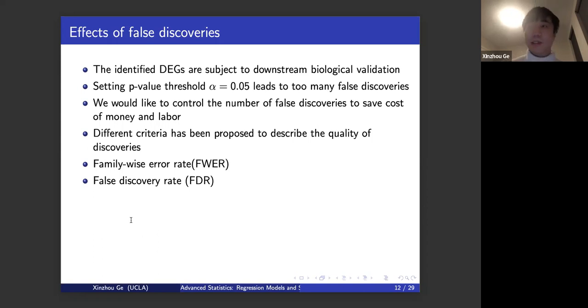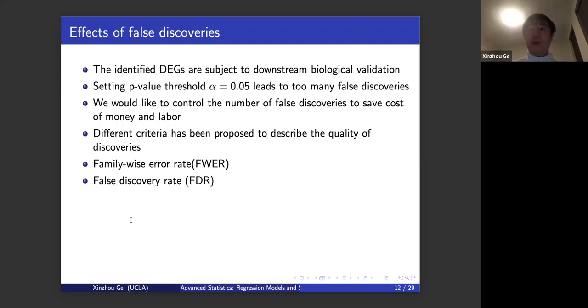So we want to save these things because we don't want to waste a lot of time and a lot of money. From the previous analysis, we see that if we set the p-value threshold alpha to be 0.05, it may lead to too many false discoveries.